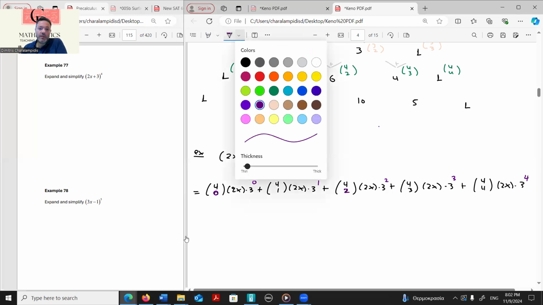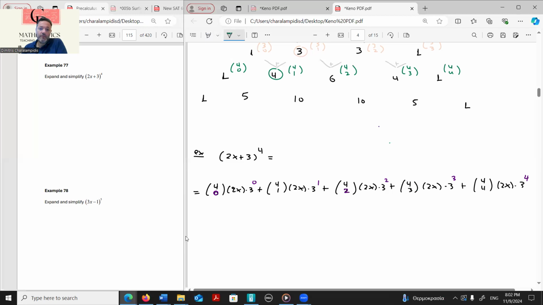Then, with regards to the powers of a, of 2x in our case, we should put the number which, if properly added to the corresponding exponent of b, will always produce a sum of 4. It should be 4, 3, 2, 1, and 0. This line stands for the expansion of the binomial. With regards to the expansion, we are done.